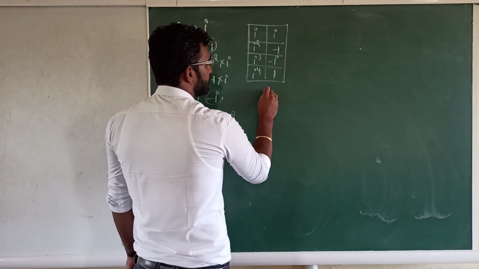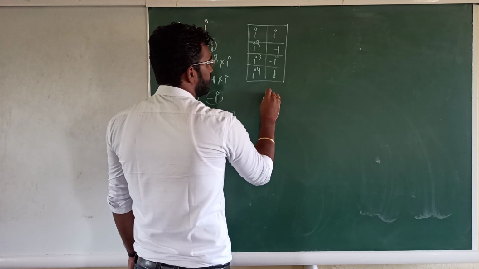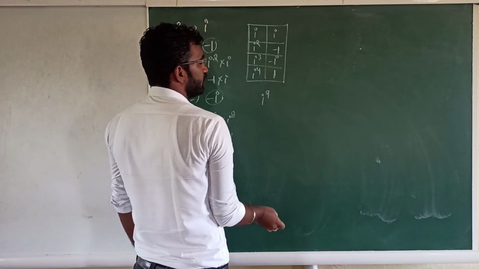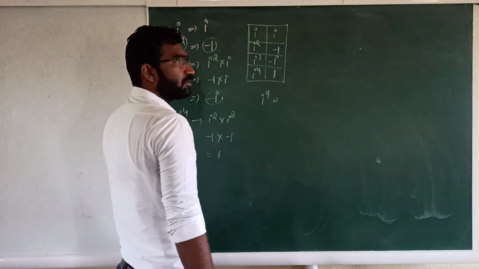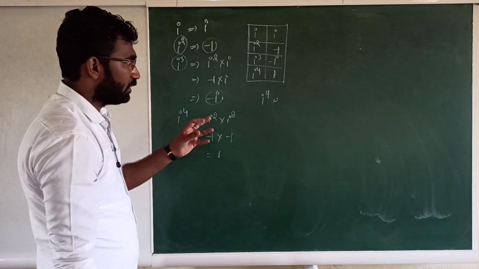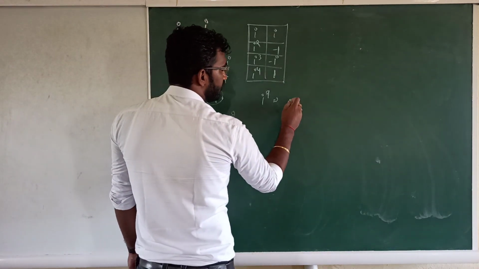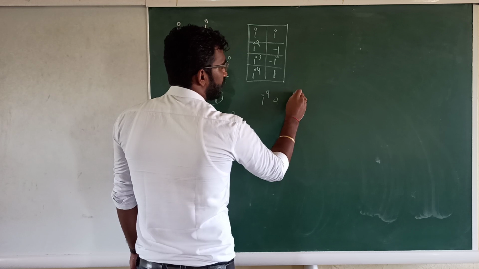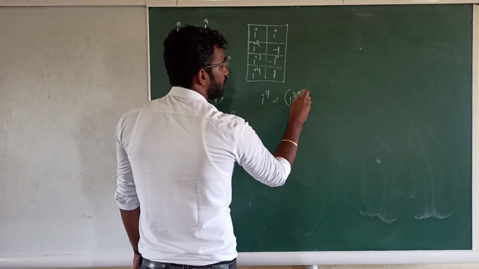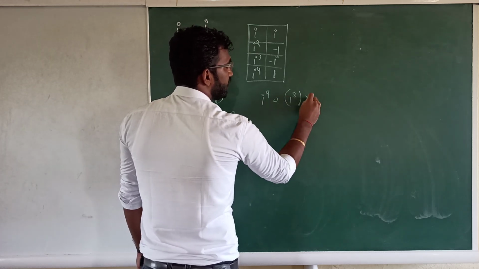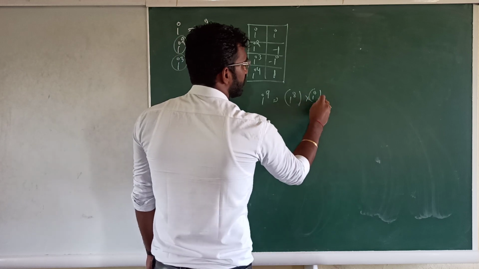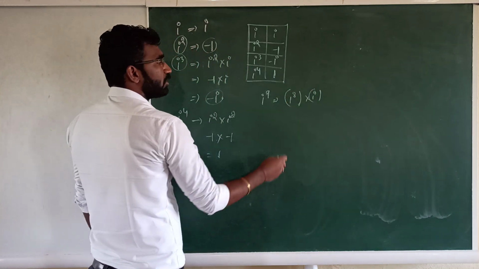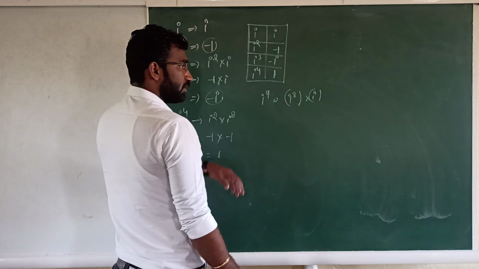So for example, if it is a big number, how to find it? Simple. If it is i raised to 9, how are you going to find it? Try to convert it in the form of 2. You can write it as i raised to 8 into i. Power 8 and power 1 automatically become i raised to 9, right?